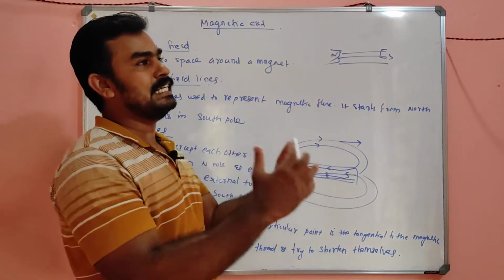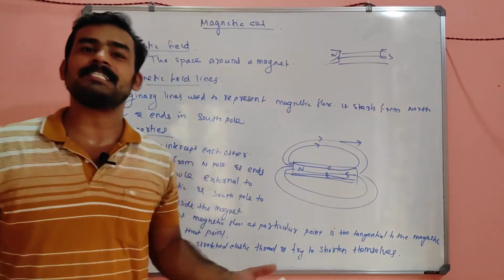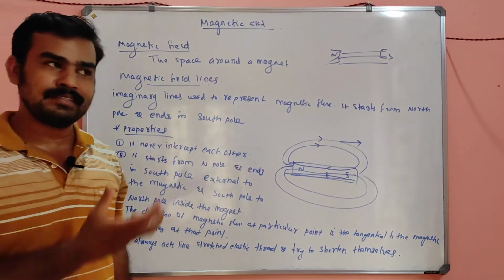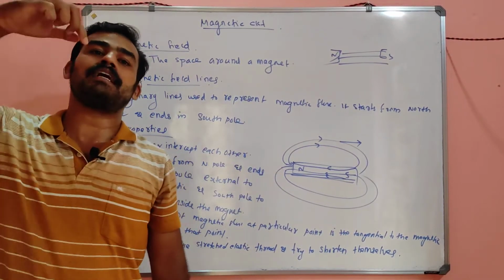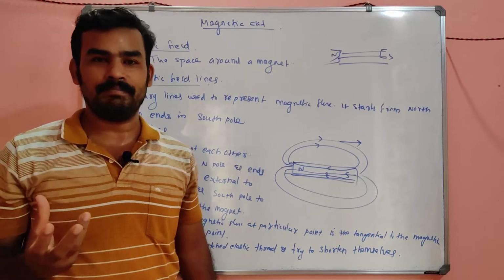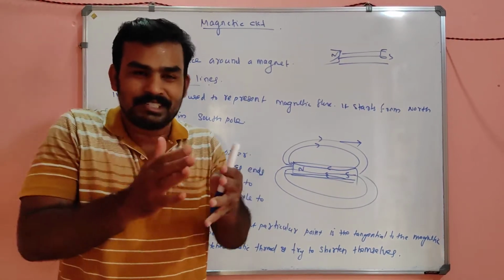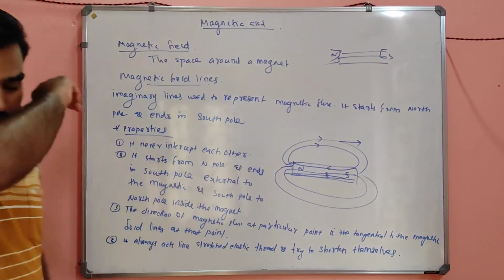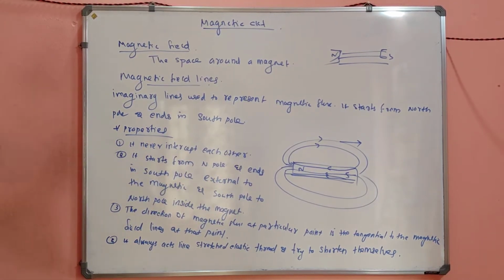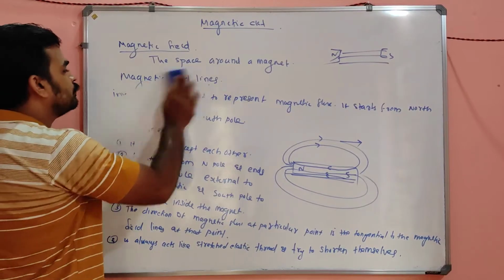What is the least area figure? A circle. What is the least area three-dimensional object? A sphere. That is why a water bubble always forms a spherical shape, because it is the least area, in order to reduce the surface tension. Okay, so that is another point you can add. That's all about the properties of magnetic lines of force.